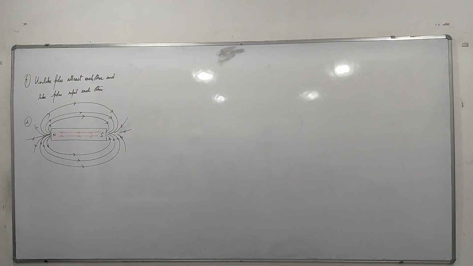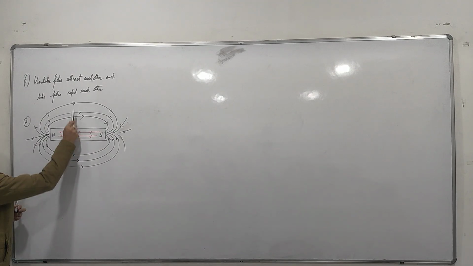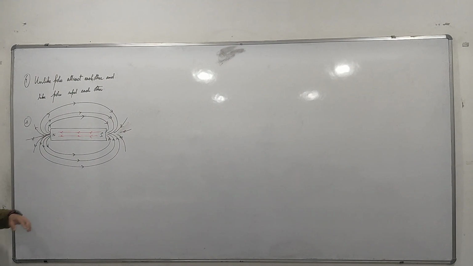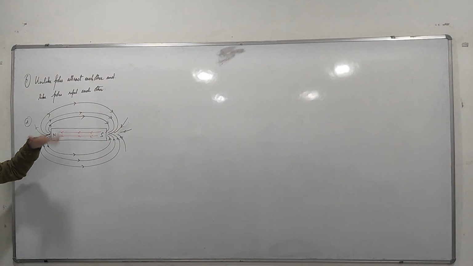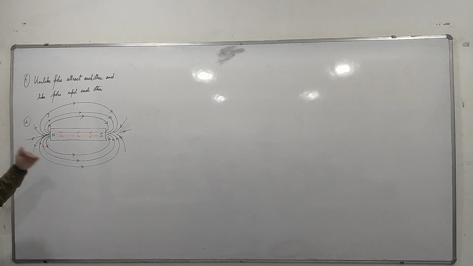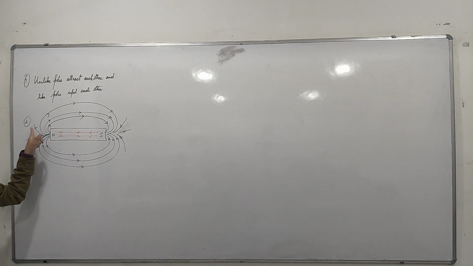From this simple diagram, I can tell you at least 3 properties of a magnet. These are known as your magnetic fields. Usually the magnetic field lines appear from the north pole of a bar magnet, and they enter the magnet through its south pole. That is outside the magnet. But inside the magnet, the magnetic field lines run parallel to each other, and they run from the south pole towards the north pole.